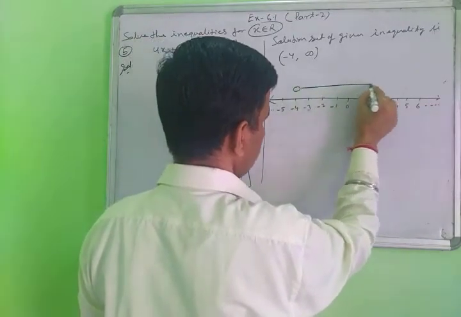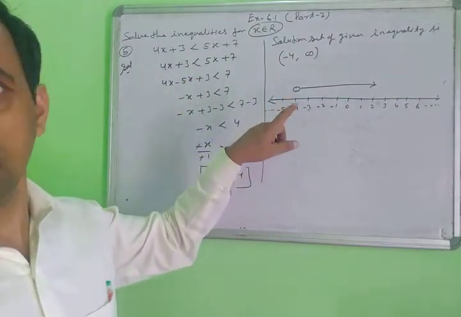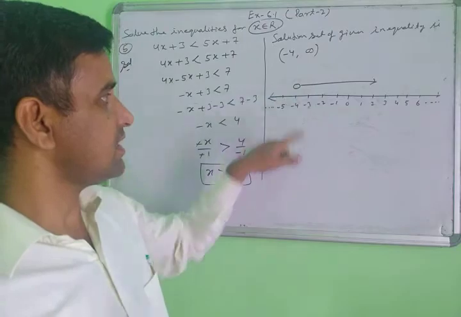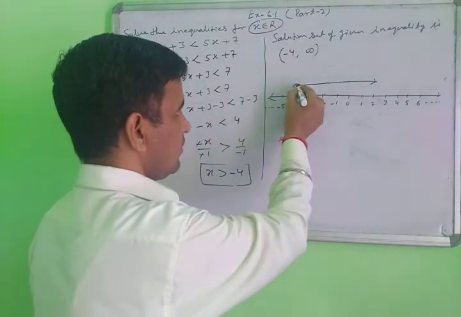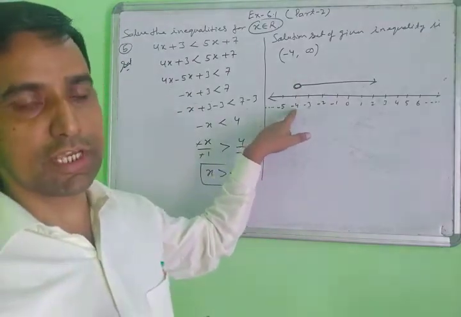Minus 4 is not included here, so you represent it this way, with a hollow circle. This hollow sign represents that minus 4 is not included.